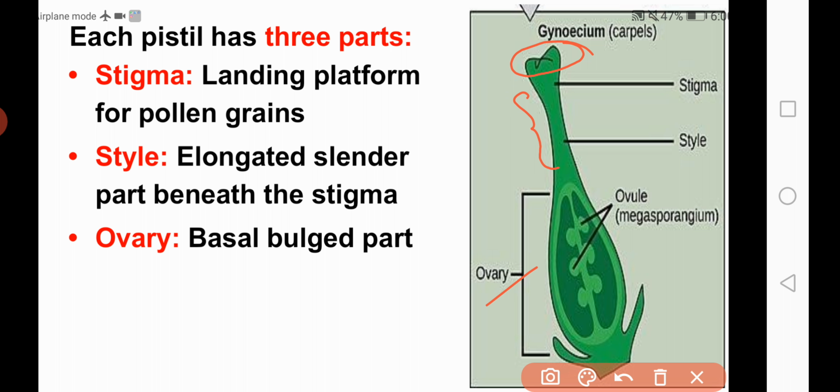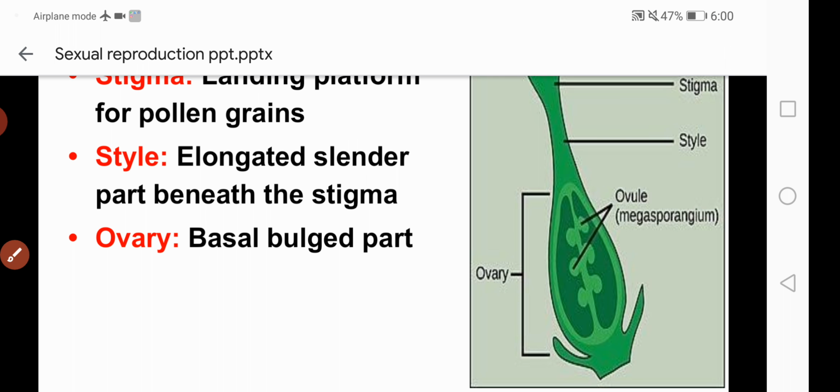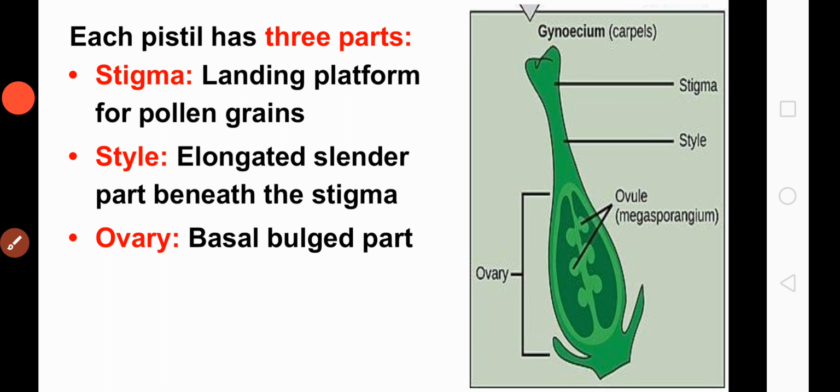So in this way each pistil consists of three parts: stigma, style and the ovary. Stigma is the tip part, style is the middle part and ovary is the basal part. Now within the ovary it contains a chamber, and that chamber is called as ovarian cavity or locule.